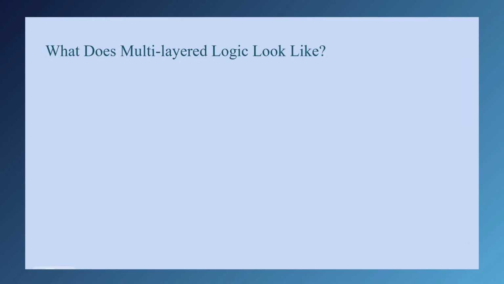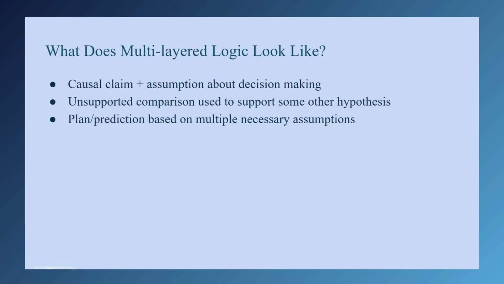Multi-layered logic shows up when an argument relies on more than just a fairly simple leap or assumption. It might involve a causal claim plus an assumption about decision making or something else. It could involve a comparison that is not very well supported that's used to support some other hypothesis.